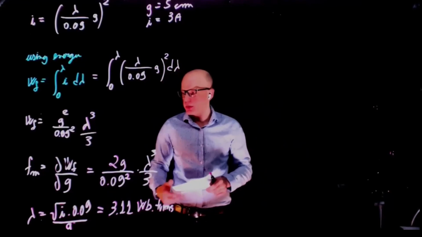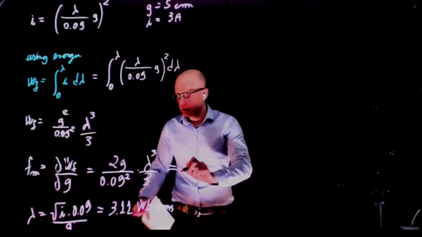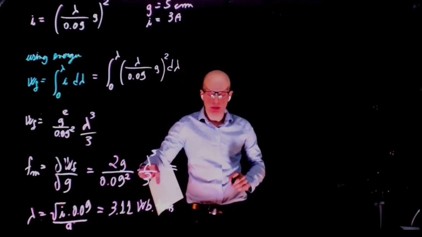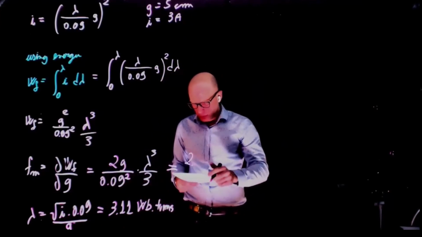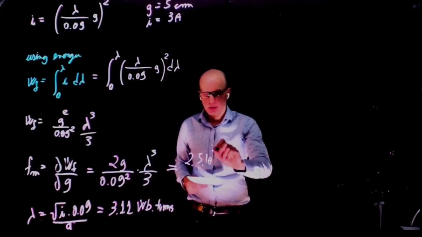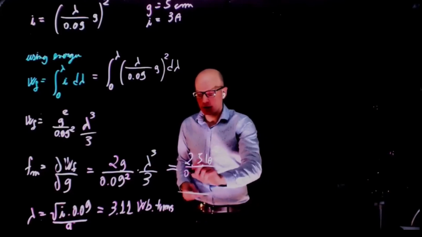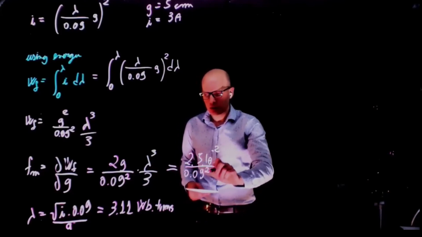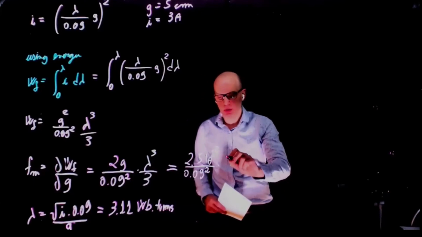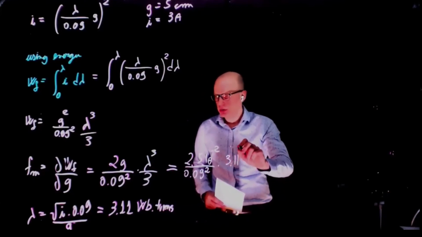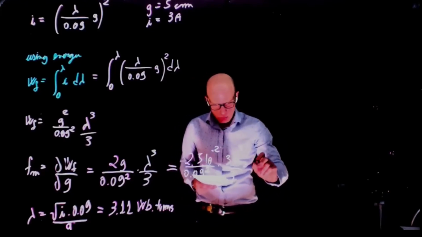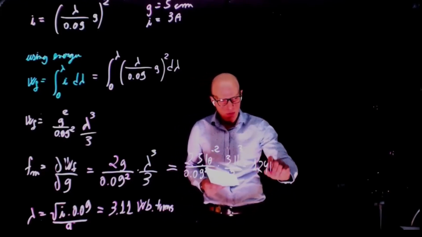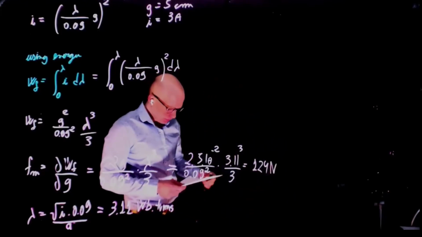And with this, we can now replace everything in here. We have omega, we have lambda, we have G. We have 2 times 5 times 10 to the power of -2 divided by 0.09 squared times lambda 3.11 to the power of 3, divided by 3. And this is 124 newtons.